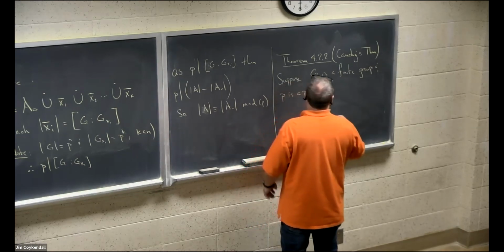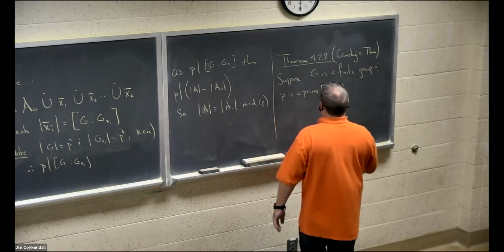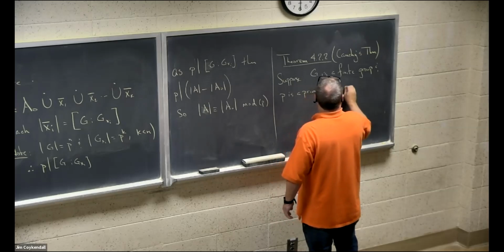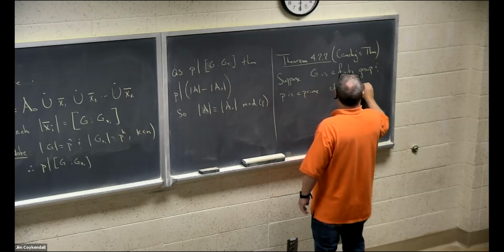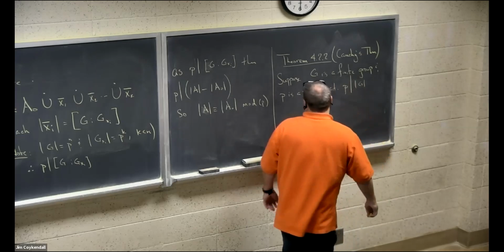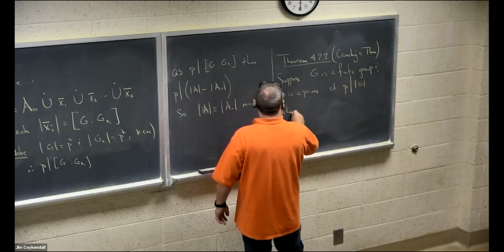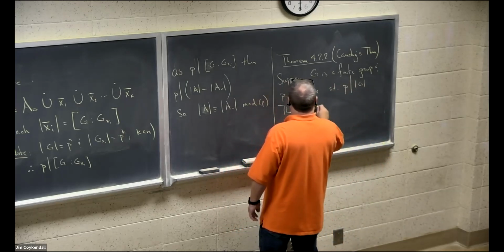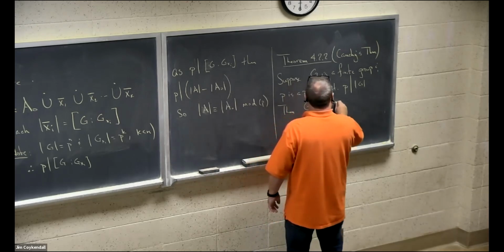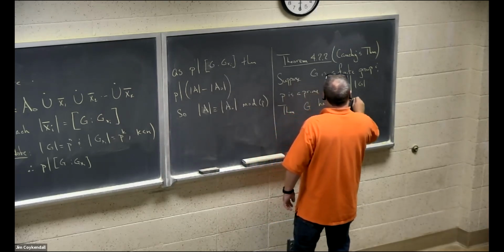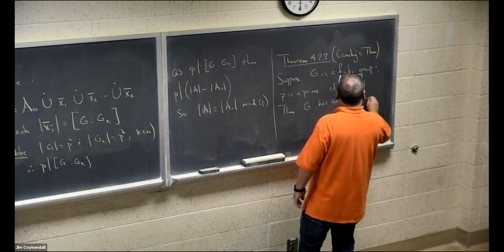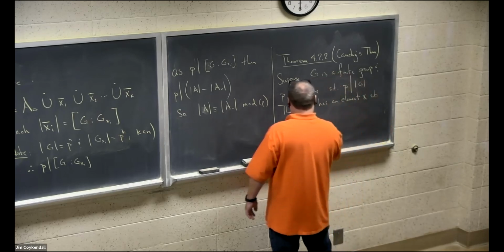I know I said that was my notation, but I feel it's important to emphasize it here, such that p divides the order of G. Then G has an element x such that x has order p.